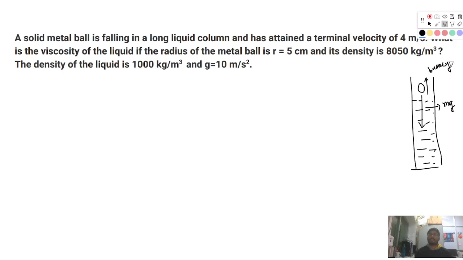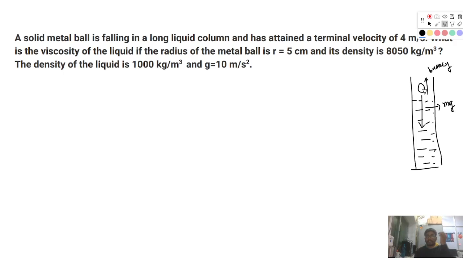So initially, when we are putting the ball in this liquid, it has only one force, which is the gravity, due to which it has a downward motion. And when it is immersed in the liquid, there is an upward buoyancy force also, which will act just opposite to the gravity force.